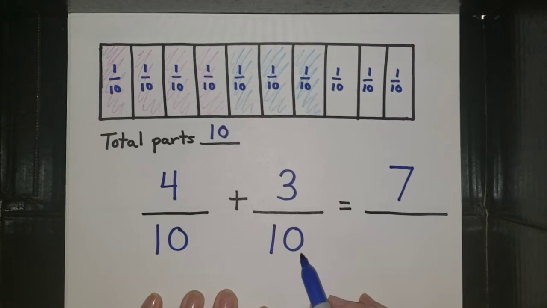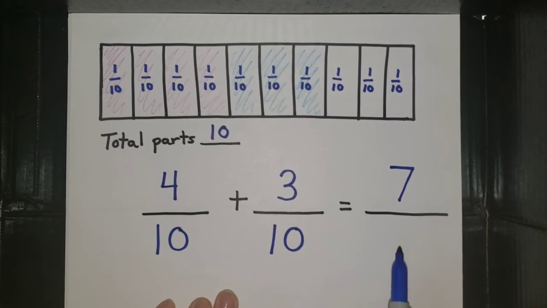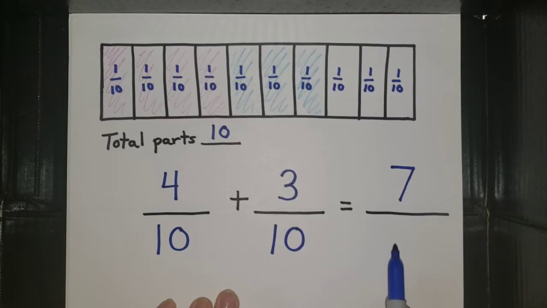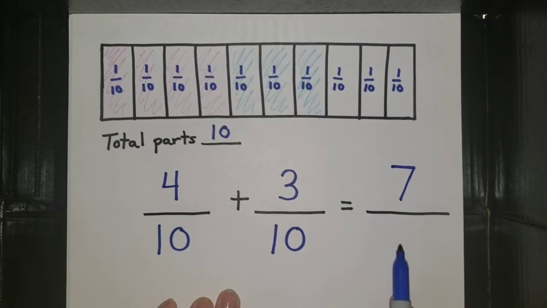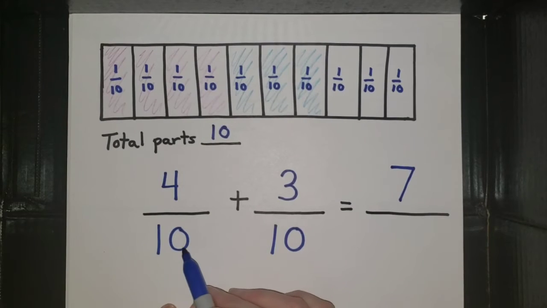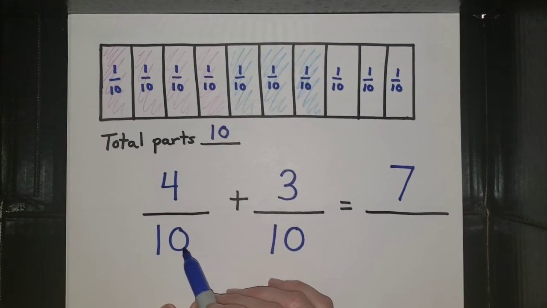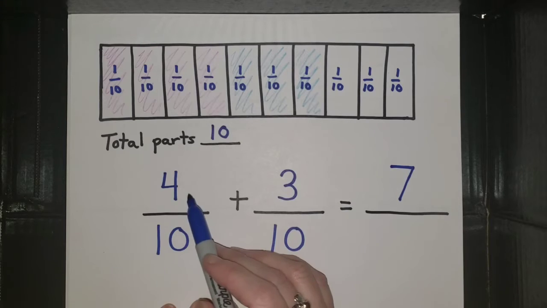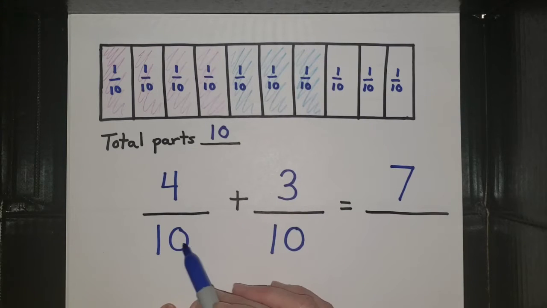But what about the denominator? Should I write 20? You're right, I should not write 20. A common mistake is to write 20 because boys and girls think that since they added the numerator, they also need to add the denominator.